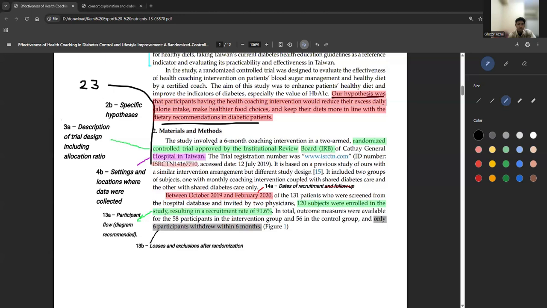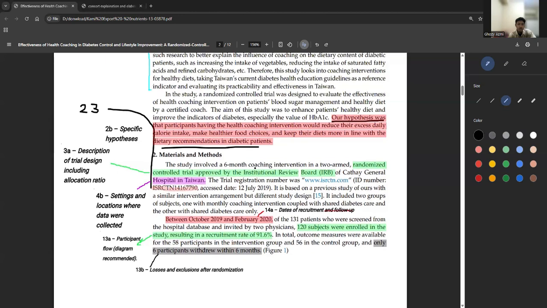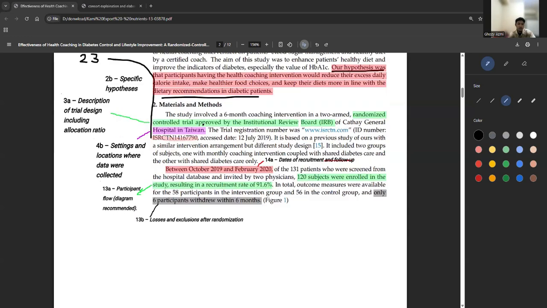This trial did not state any stopping of the study. So in item 14B, this article did not mention stopping the trial.